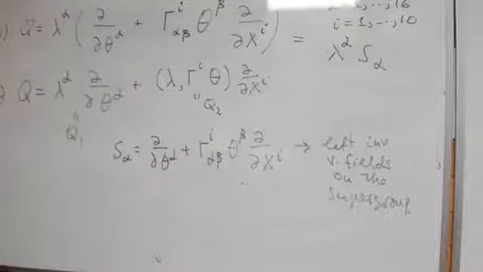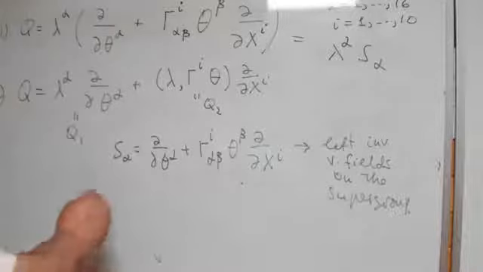They are right invariant fields, right? And since the supergroup is not a commutative group, right invariant fields do not coincide with left invariant, but they commute with each other.